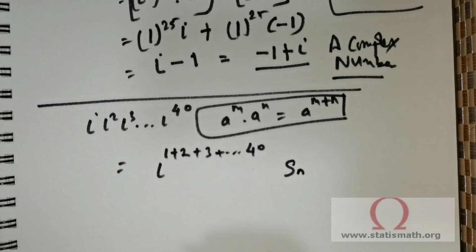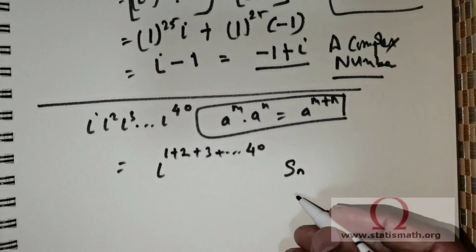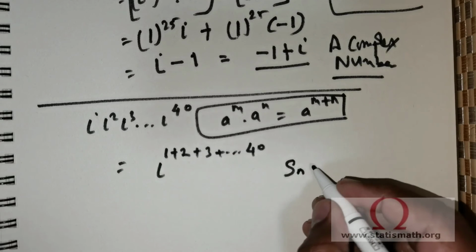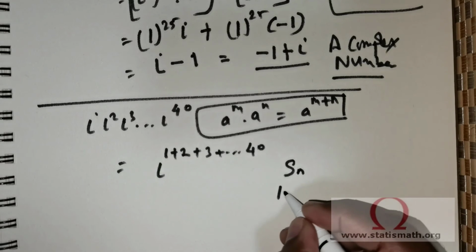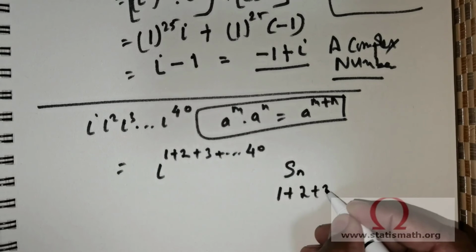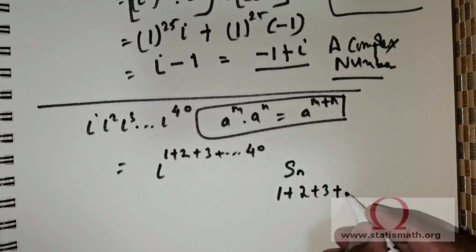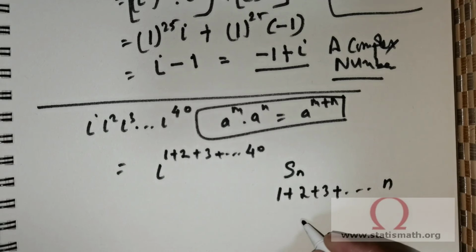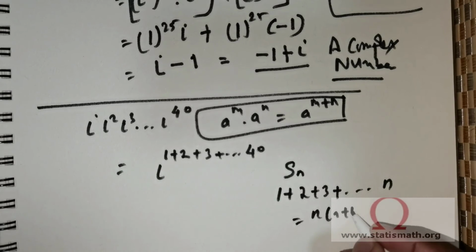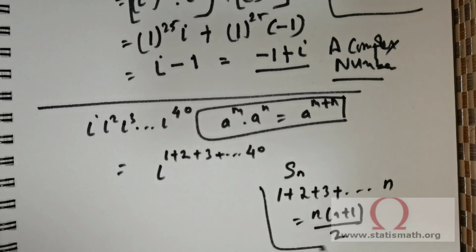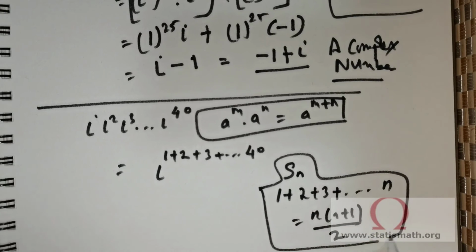There is a formula given to us by arithmetic progression or arithmetic series. If you have something like 1 added with 2 added with 3 up to n terms, then the formula is n into n plus 1 divided by 2. So I would be using this formula.